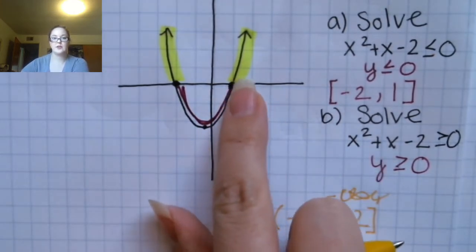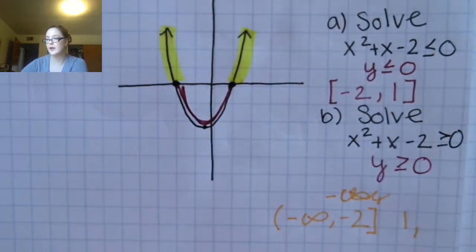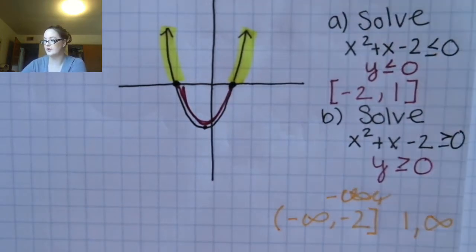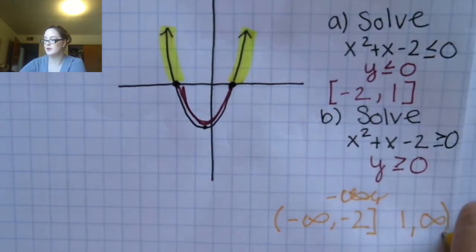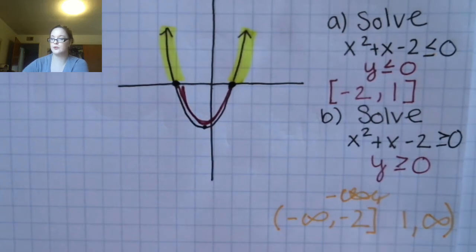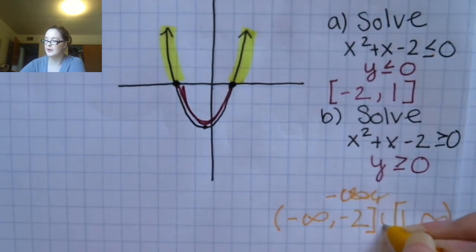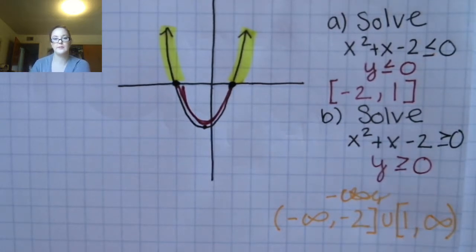The other piece starts here at 1, and it continues off to the right, so that's going to go off to infinity. Always use parentheses with infinity. And because it's greater than or equal to, we're going to use a bracket. And whenever we have two different intervals, we combine them with the union.